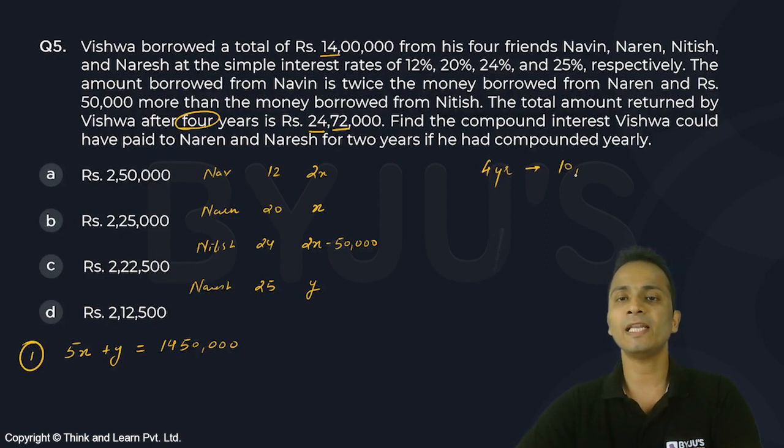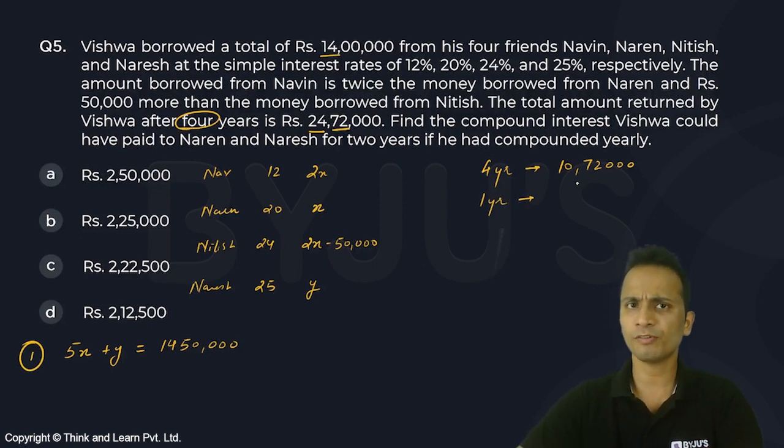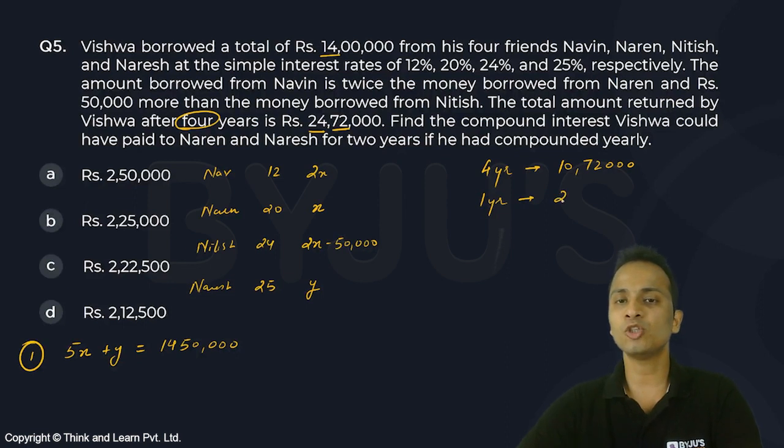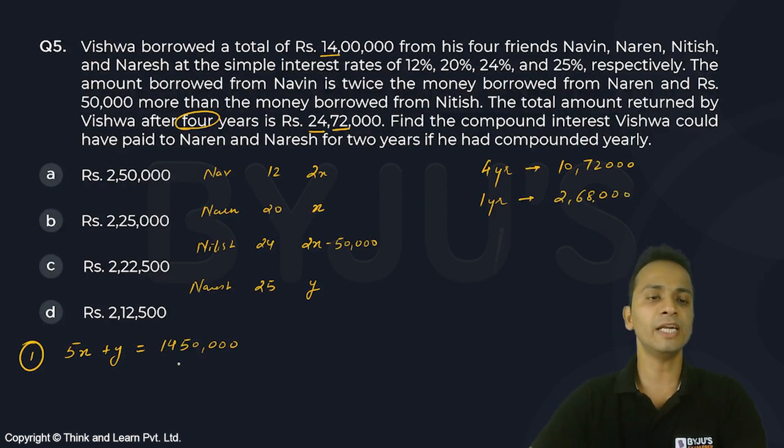So it will be 10 lakhs 72,000. In 1 year the interest will be 1/4 of this value, so it is 2 lakhs 68,000. This is the interest earned in 1 year.